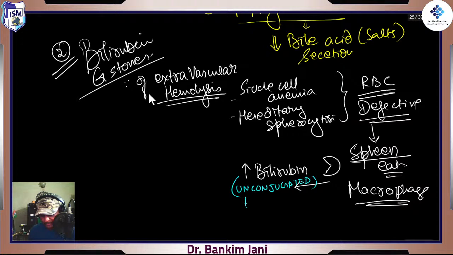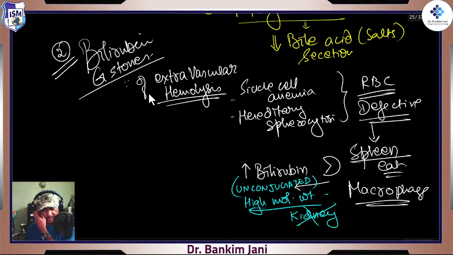These unconjugated molecules are high molecular weight, and this unconjugated bilirubin cannot pass through the kidney. This means it will remain in circulation. When it is in circulation, it is this that leads to the yellow color, right? That entire yellow hue to the body everywhere is because of it.